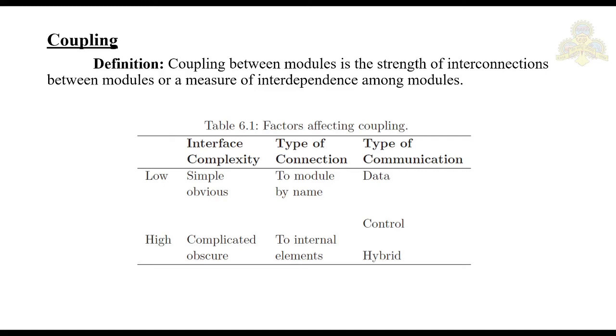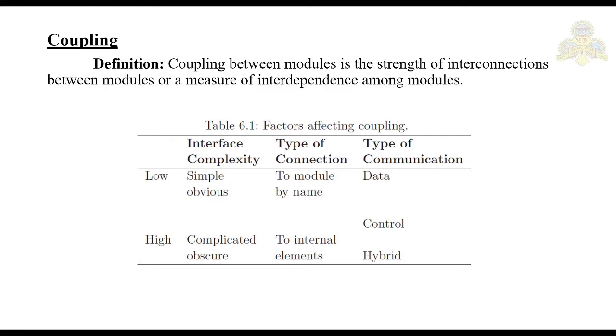The more the connections between the modules, the more dependent they are, in the sense that more knowledge about one module is required to understand or solve the other module. So, the fewer and simpler the connections between the modules, the easier it is to understand one without understanding the second module, right? The definition of coupling goes something like this. Coupling between modules is the strength of interconnections between the modules, or a measure of interdependence among the modules.